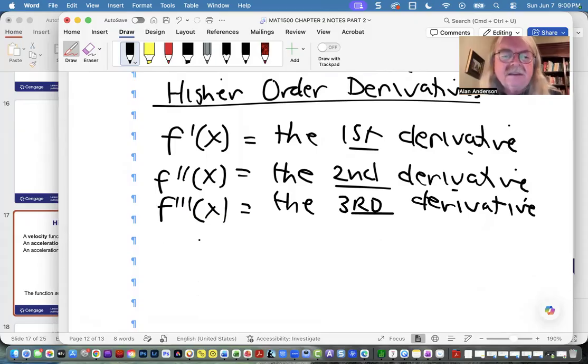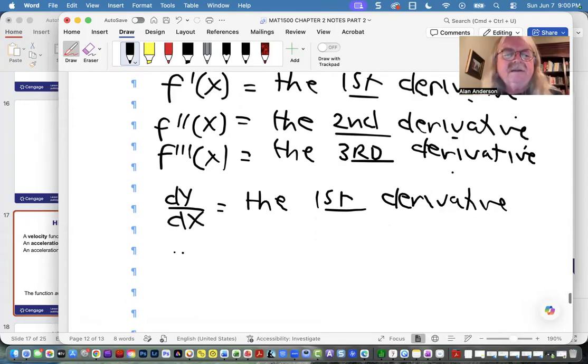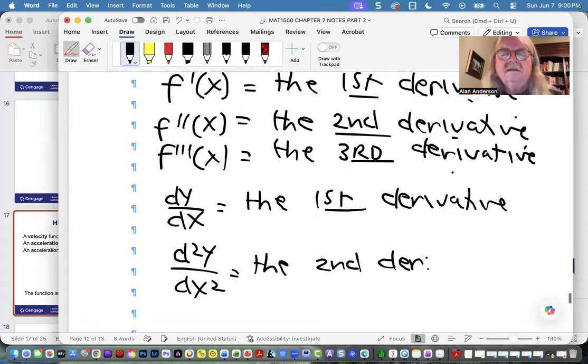Now, as far as the dy notation, it's a little unusual. Not exactly what you were expecting. You have to be careful with it.